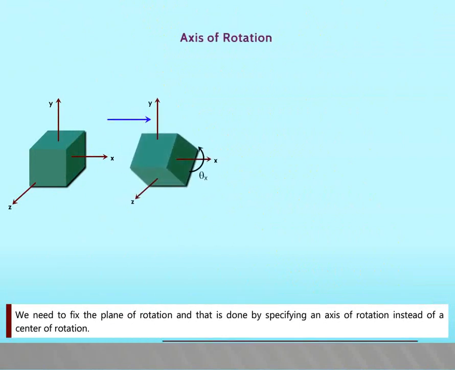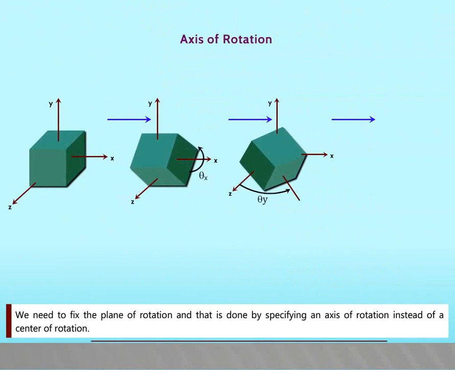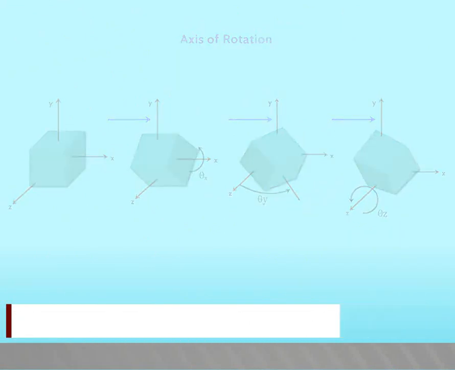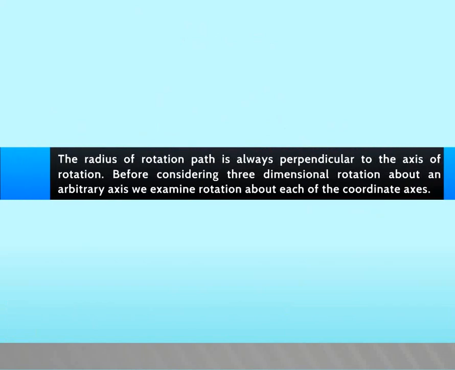We need to fix the plane of rotation, and that is done by specifying an axis of rotation instead of a center of rotation.